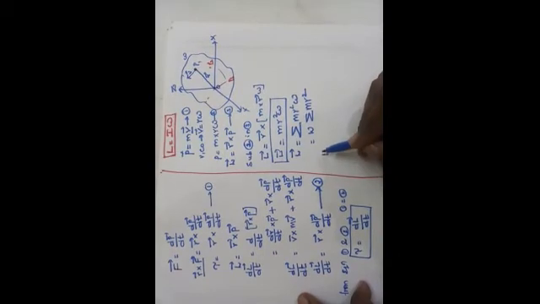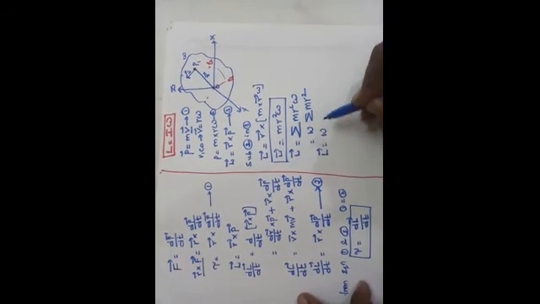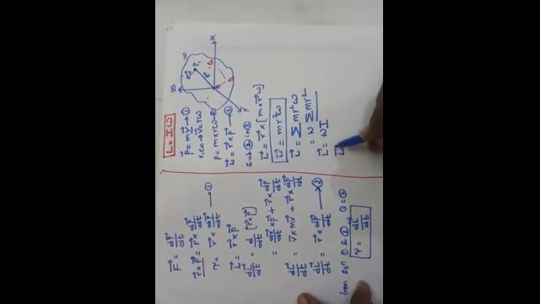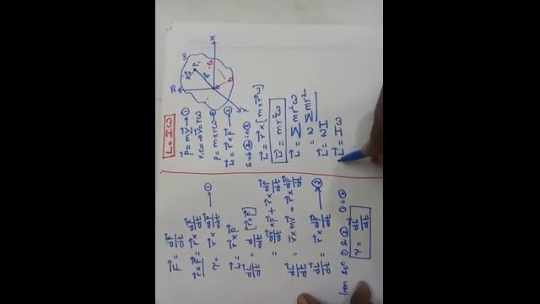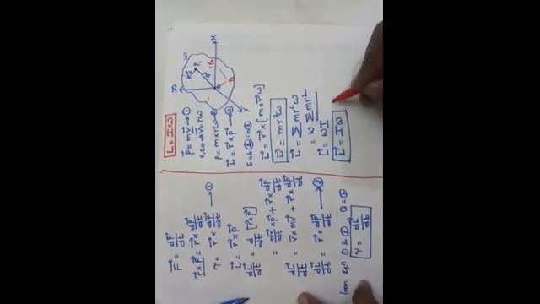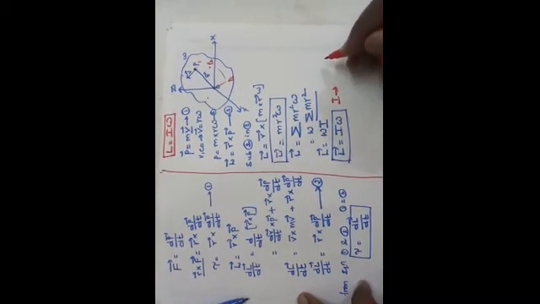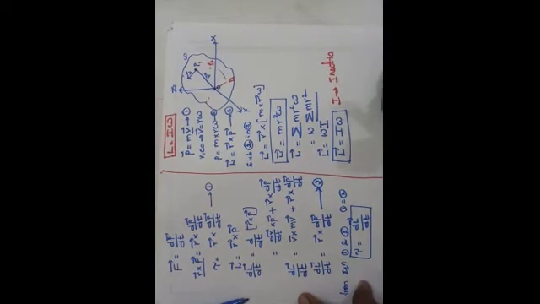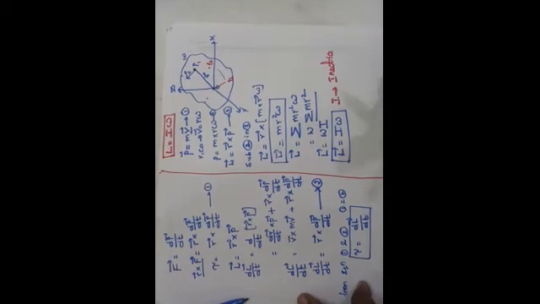Then finally L bar is equal to omega into, this can be written as I. So finally L bar is equal to I omega. What is I there? I is called the moment of inertia of the body about the axis of rotation.